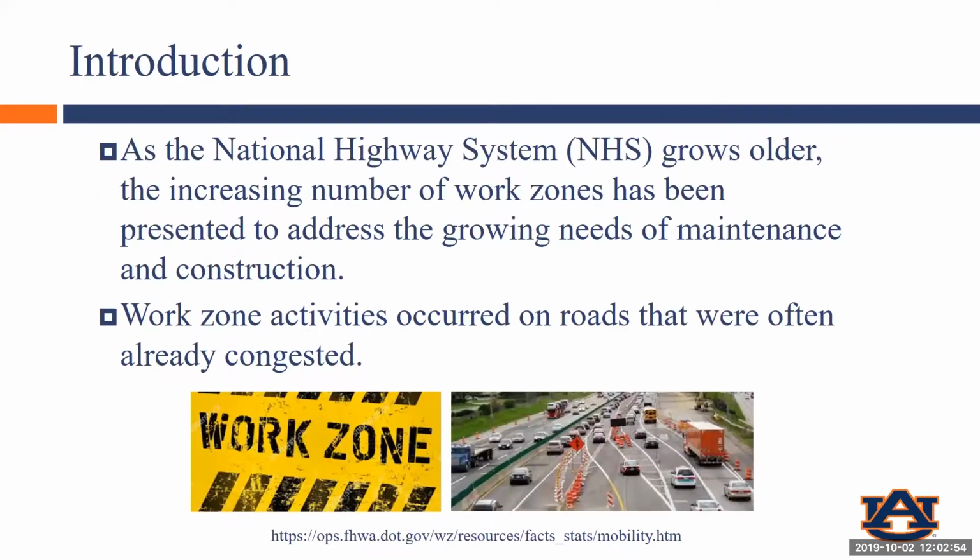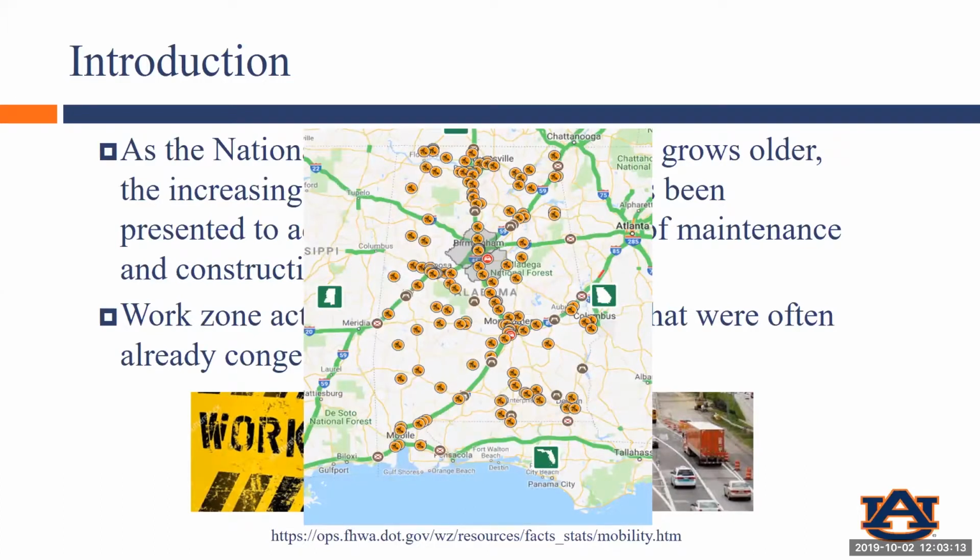For the introduction, as we know, the national highway system grows older. An increased number of work zones has been introduced to address growing needs for maintenance and construction. Work zones on roadways often cause congestion. This morning, I actually pulled a map from Alabama's Algo map to show how many work zones are on the Alabama freeway.